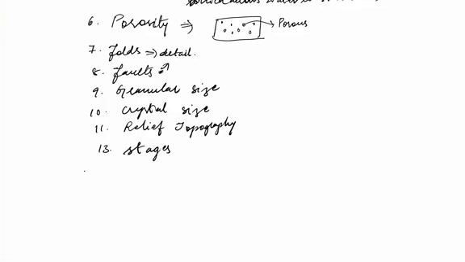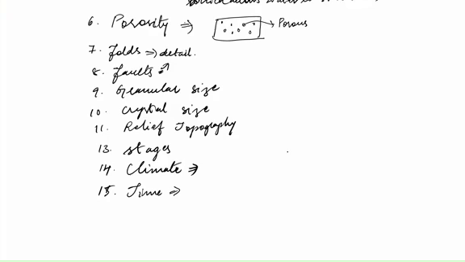That means the different kinds of stages it has undergone. And climate is also a factor. Majorly climate affects the breakdown of rocks. And of course time. Time is the major factor because the Earth has undergone different kinds of changes over billions of years and has formed into the shape which we are seeing today. So these are some of the minor factors which influenced the formation of Earth.